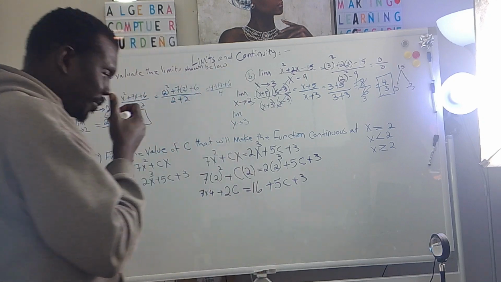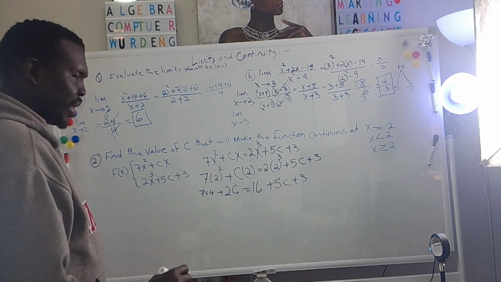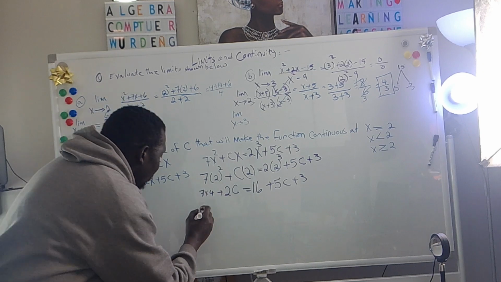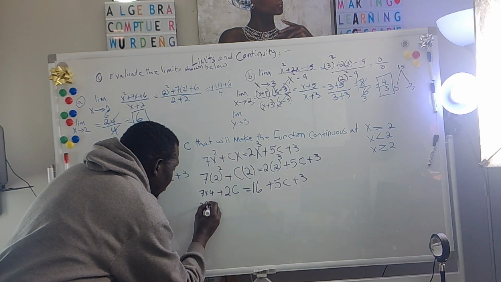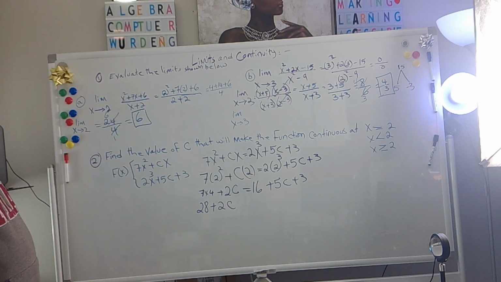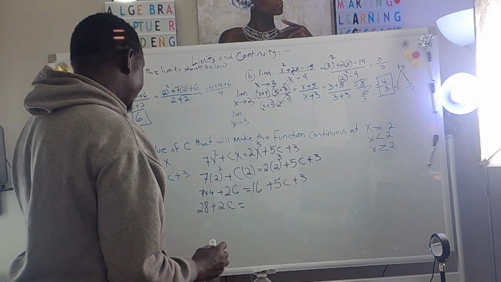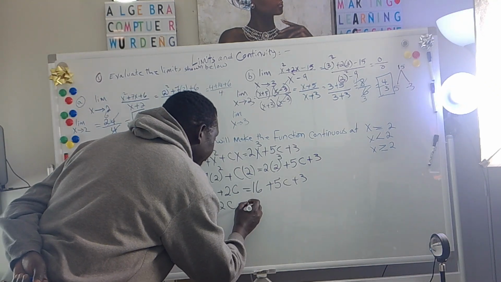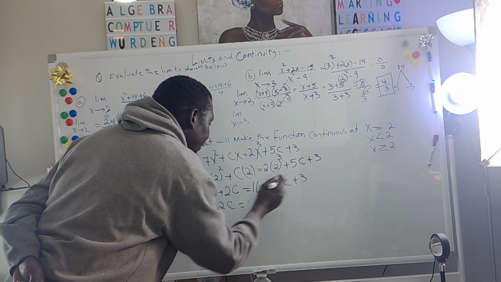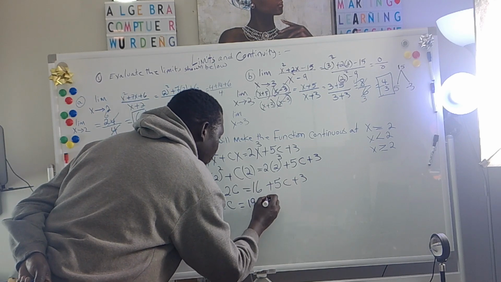Now, let us see the like terms here. The like terms will be 28 on this side plus 2c. 28 plus 2c equals 19 plus 5c, when I add 3 and 16 to get 19.